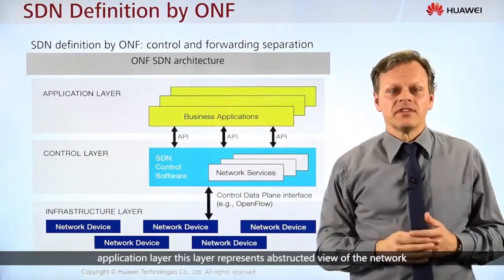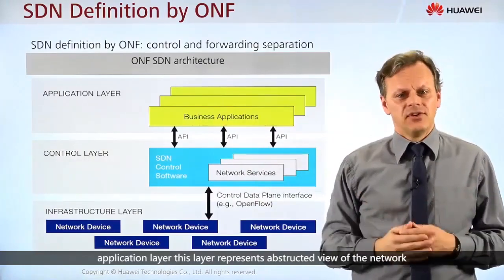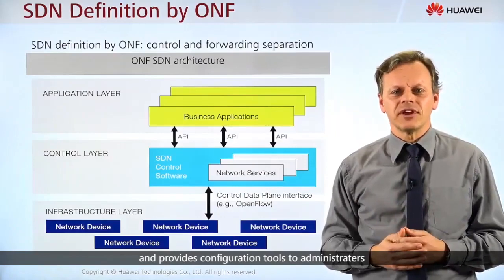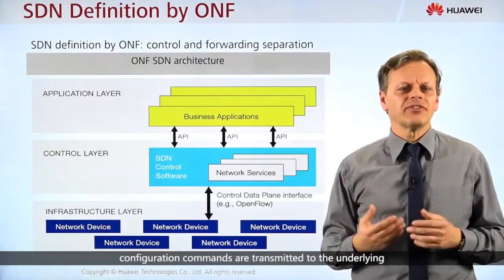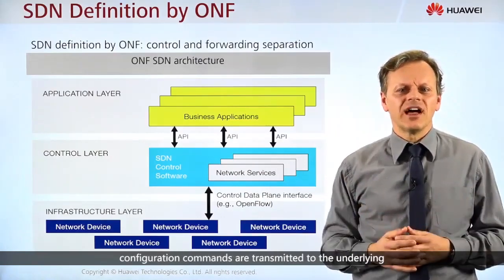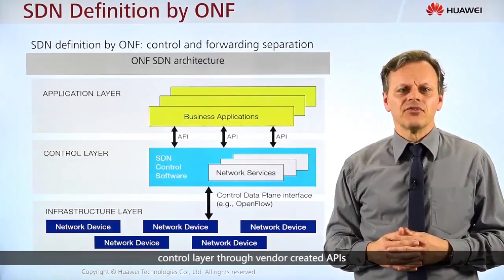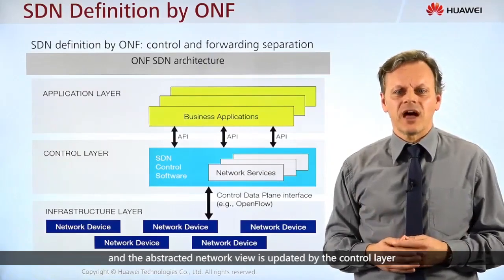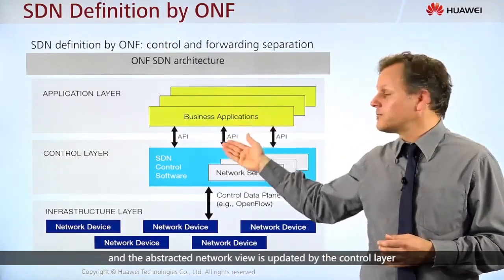Application layer. This layer represents an abstracted view of the network and provides configuration tools to administrators. Configuration commands are transmitted to the underlying control layer through vendor-created APIs, and the abstracted network view is updated by the control layer.